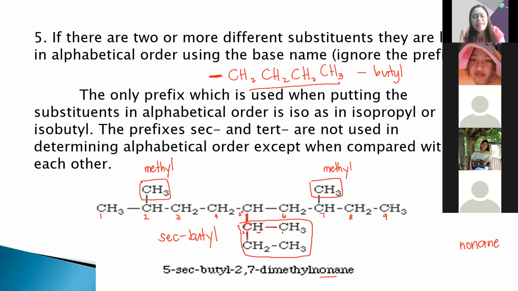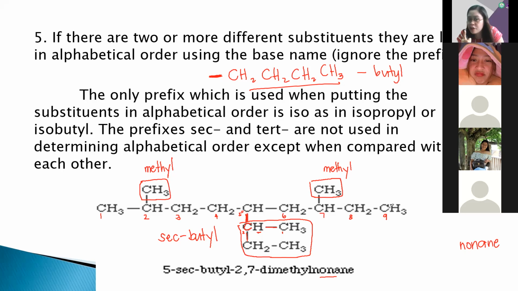Okay? And then, I told you to arrange the substituent alphabetically. And ang pag-alphabetical natin, hindi natin isasama yung mga prefixes like di, tri, and so on. And hindi din natin isasama yung sec na yan.